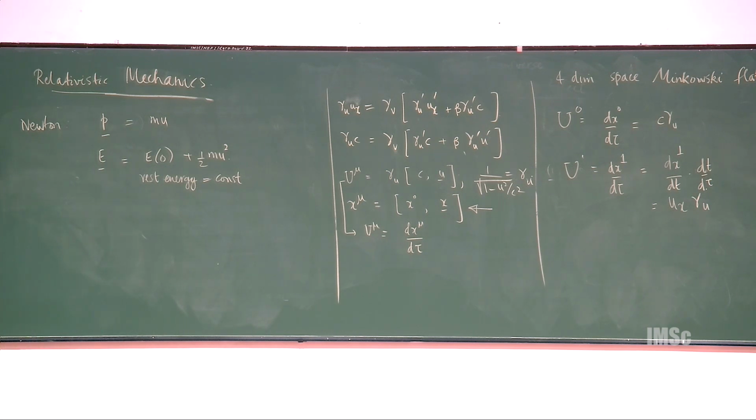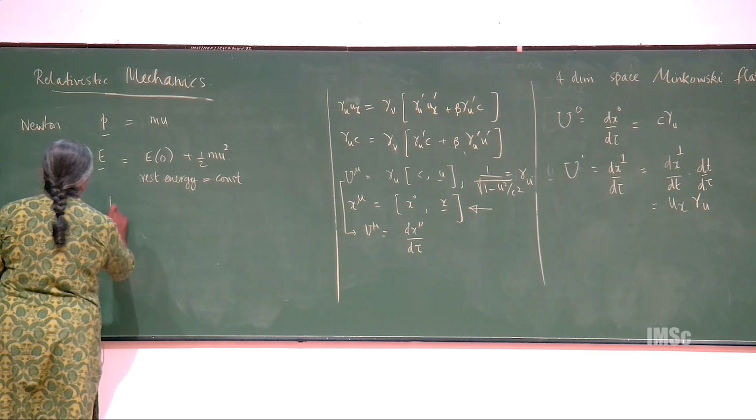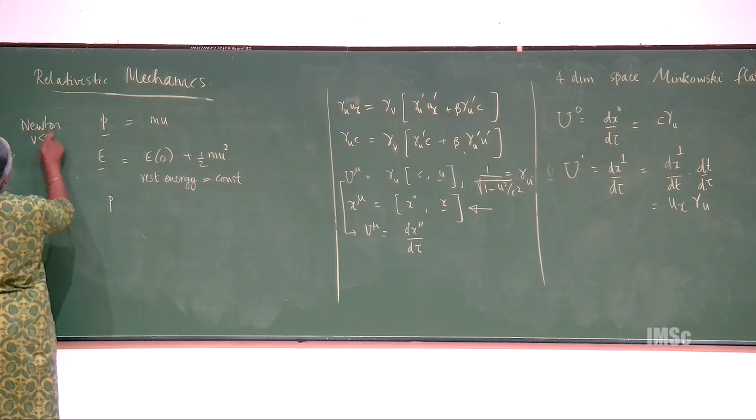So what is it that we want to do? We want to now find a relativistic analog of this, which then has the proper transformation laws of a 4 vector. We want to put it in a 4 vector form. So what is it that we will write? Let's write that in the relativistic. So this is for v less than c.